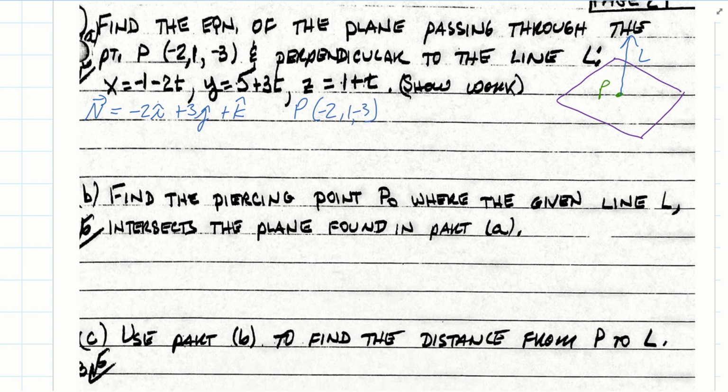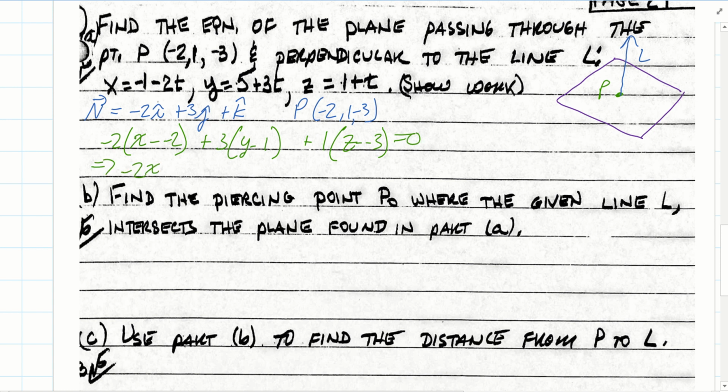Same business as last time. Negative 2 times x minus x naught plus 3 times y minus y naught plus 1 times z minus z naught equals 0.